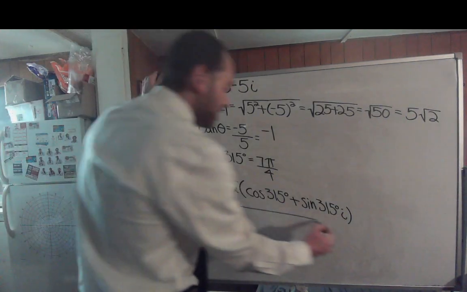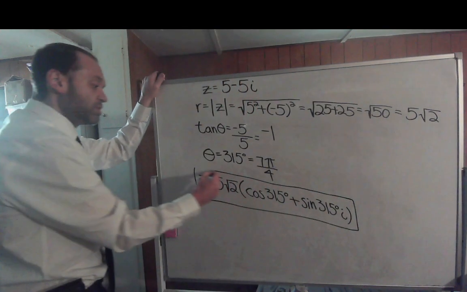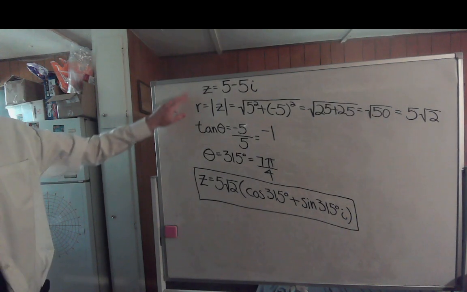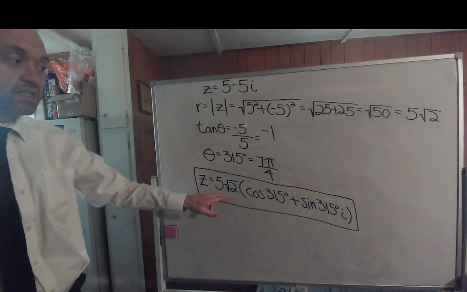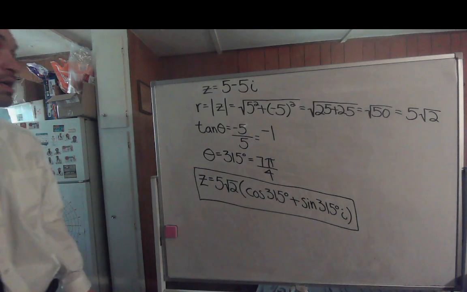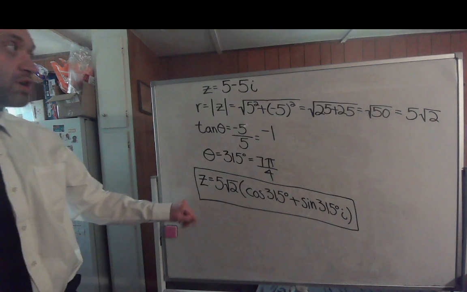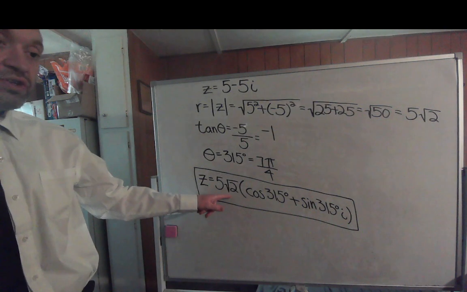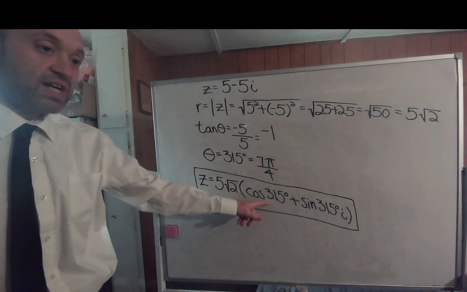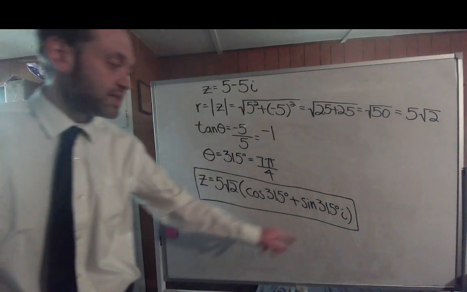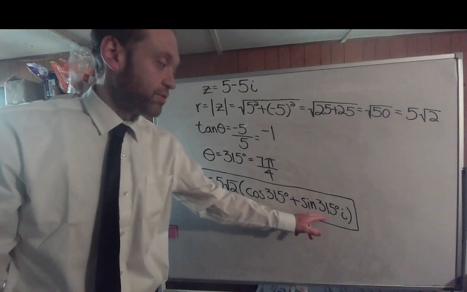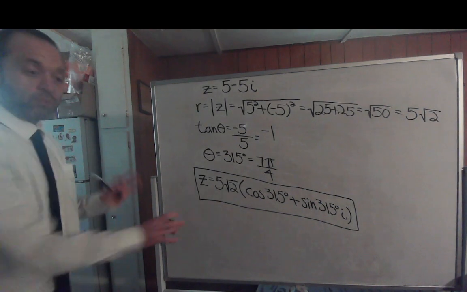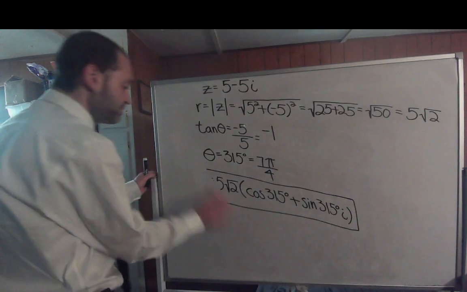And you can leave it like that. In fact, especially when you have a radical for the absolute value of a complex number, sometimes it's best to leave this in factored form. So the trigonometric form of 5 minus 5i is 5 times the square root of 2 times the quantity of the cosine of 315 degrees plus the sine of 315 degrees times i. And we got more. Don't worry, I'm not dumping you off here.